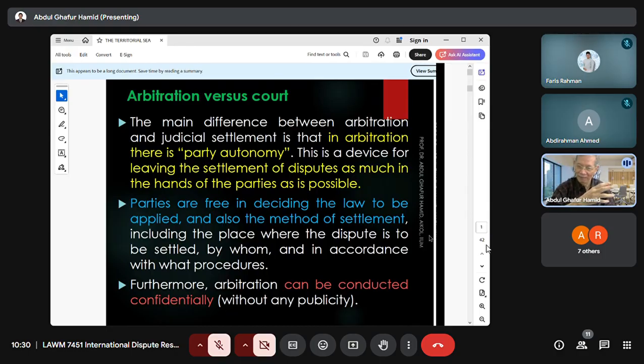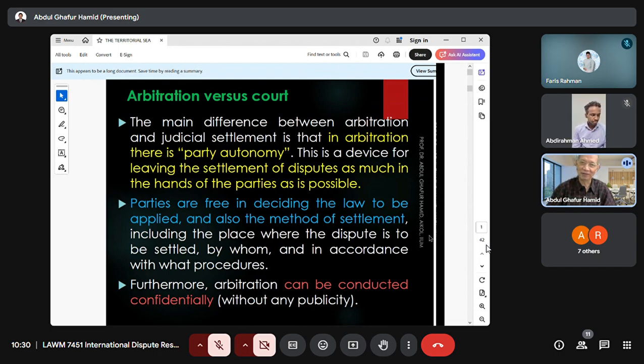The parties are free to choose any arbitrators they like. Parties are free to decide what law is to be applied, what procedure, what method of settlement, and then what time, what place, the place of arbitration, and within what time the arbitration has to be completed. Everything is in the hands of the two parties.